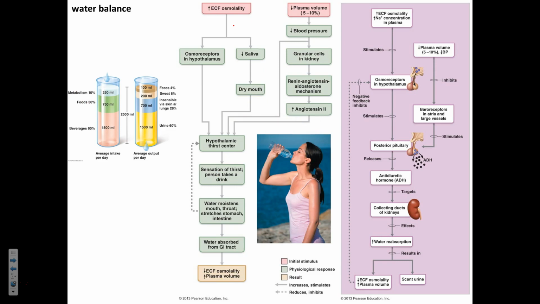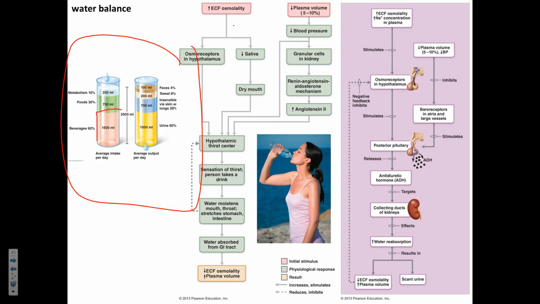Now, let's talk about role of kidneys in homeostatic regulations. First, water balance. It's kind of boring. Not boring, actually, it's kind of fascinating. So this little scheme on the left shows you the intake and output of water during the day.